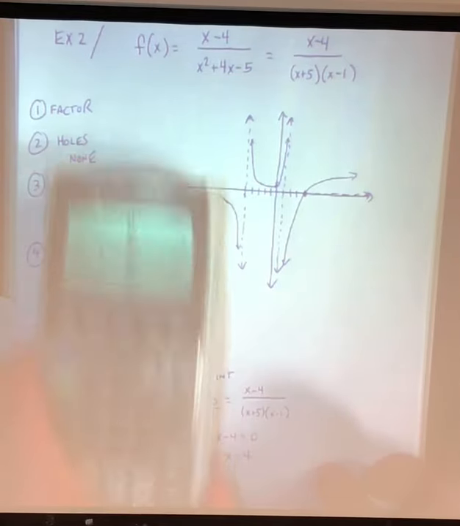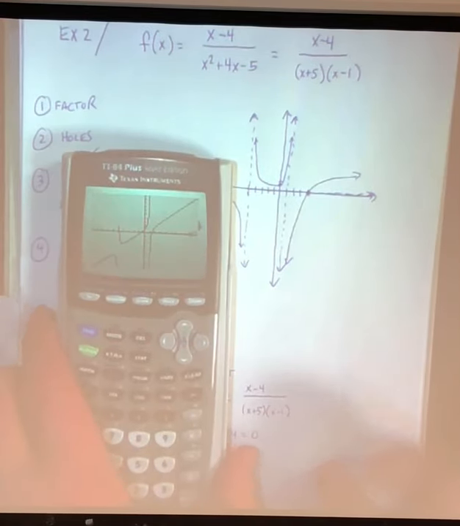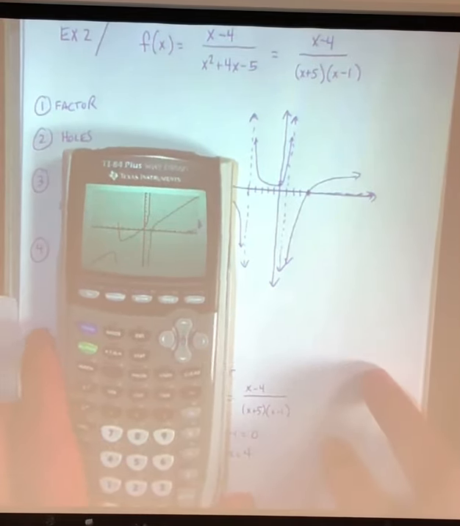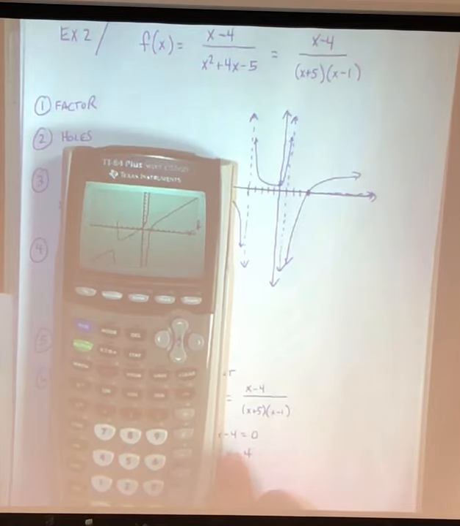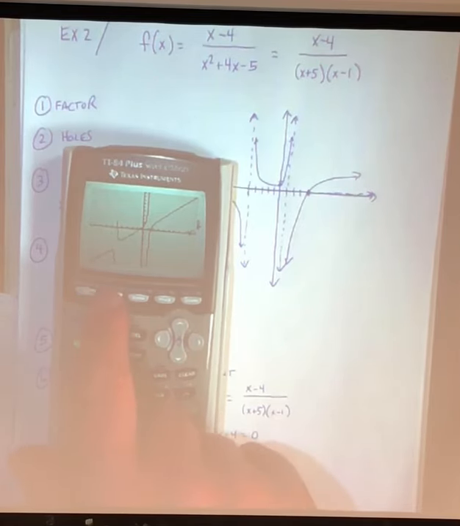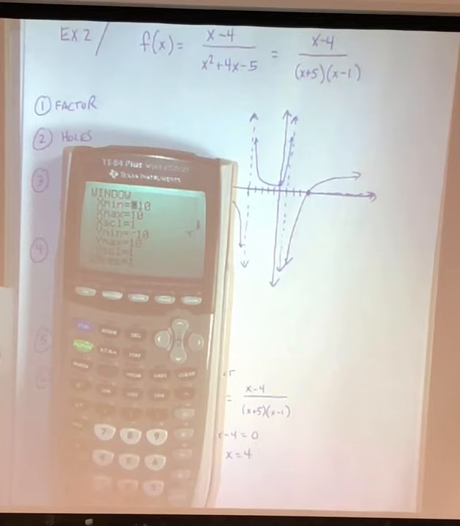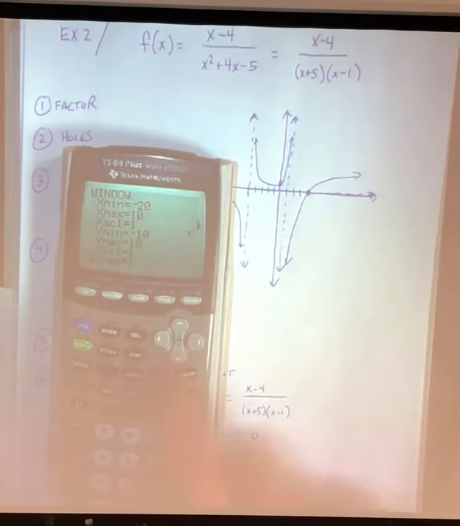When I type that in, here's kind of what that looks like. And I've got my window set at -10 to 10, so maybe I make that -20, 20.